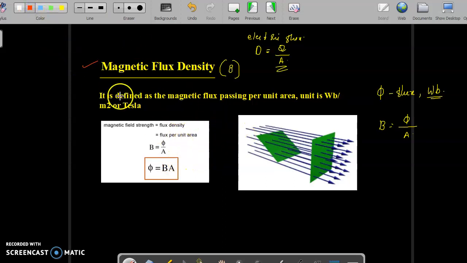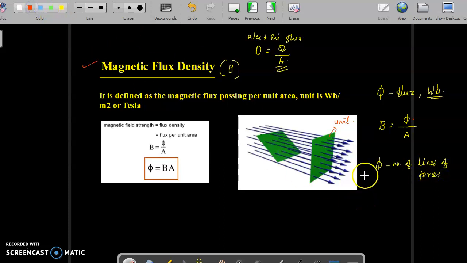On the right hand side you can see a figure where the purple color indicates the lines of force. The lines of force are penetrating through a surface. Let us take it as a unit area surface. So phi represents the number of lines of force.